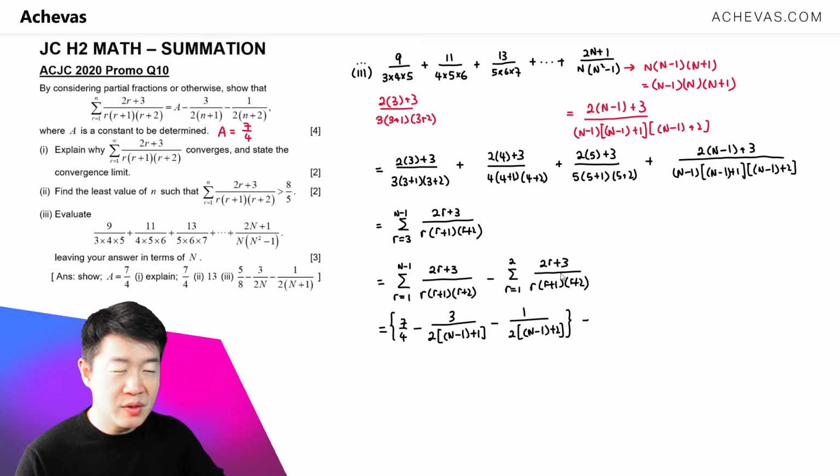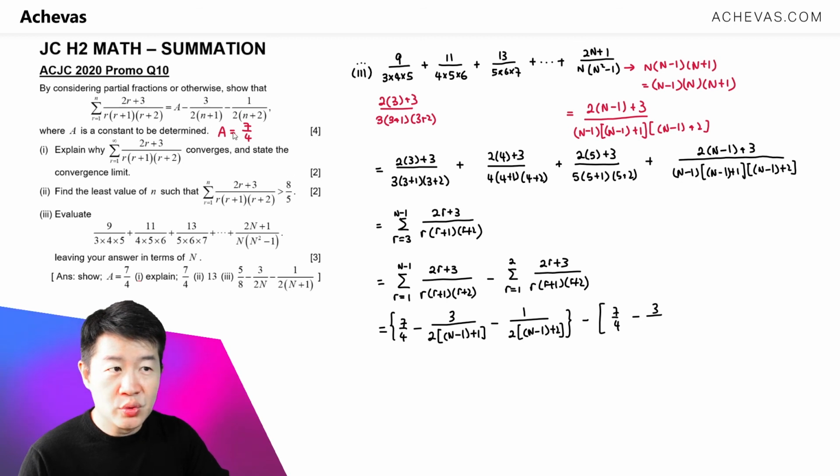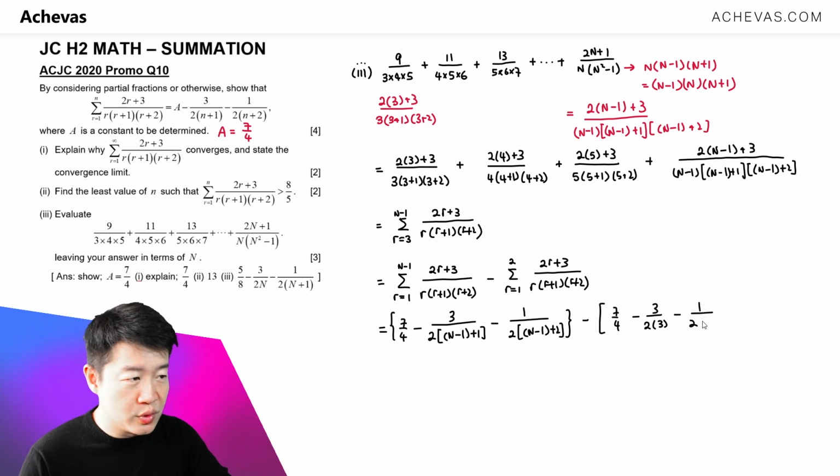Then to minus away this, we can either press into our calculator or we can make use of this same result. Let me just make use of the result. So this is going to be equal to 7 over 4 minus 3 over 2 times 2 plus 1, which is 3, then minus 1 over 2 times 2 plus 2, which is equal to 4.